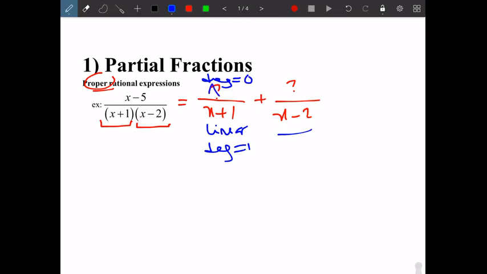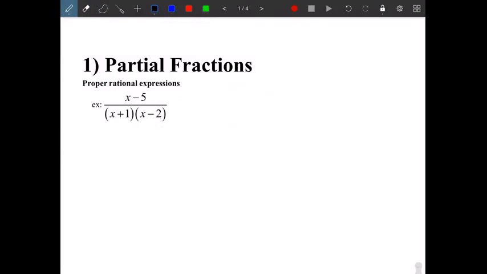So the numerator in this case is a constant, and for the other fraction it is also constant since its denominator is linear. So now I have two partial fractions with the linear factors at the denominator and with constant numerators to be determined. Okay, so let's just reset all of this and now start solving the example.